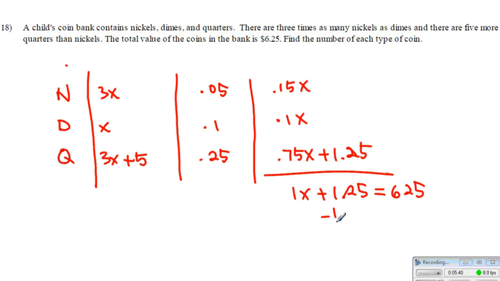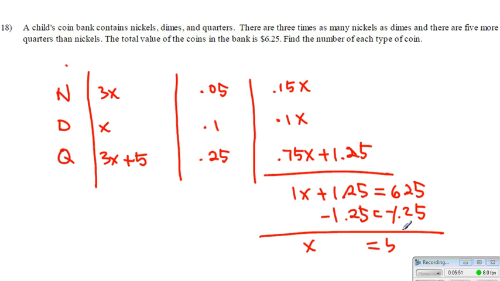So by subtracting 1.25, then we end up getting x is equal to 5. Now the question is find the number of each type of coin. Then here we have x equals 5. Here is 3 times 5, which becomes 15. But here 5 more than that becomes 20.